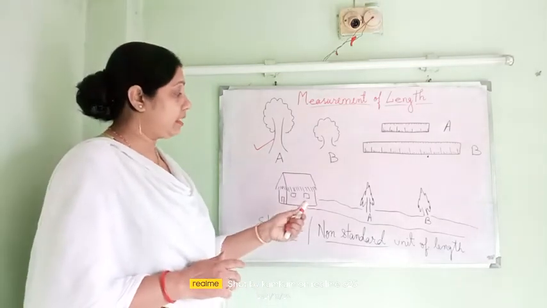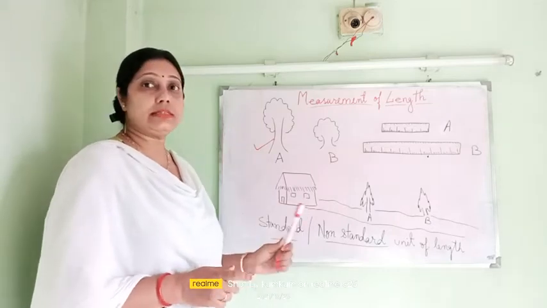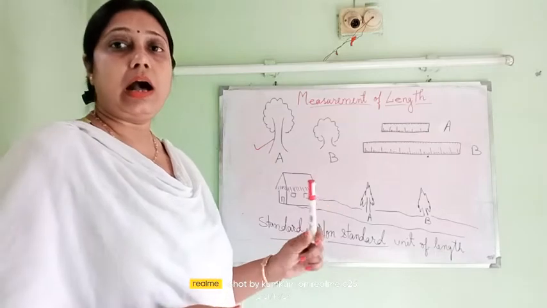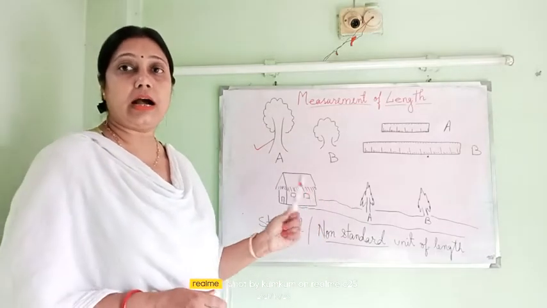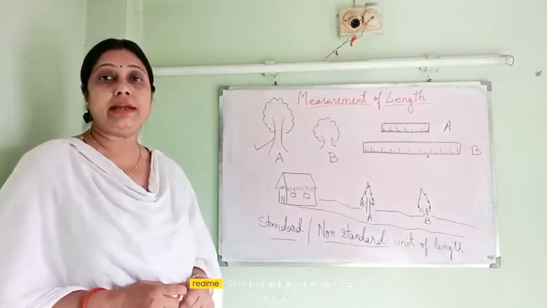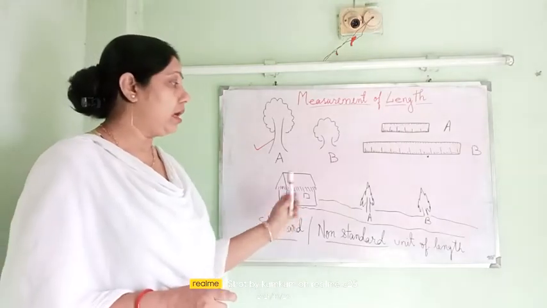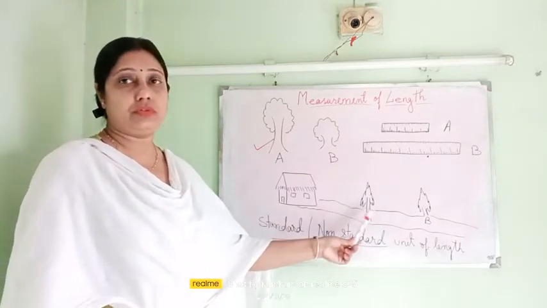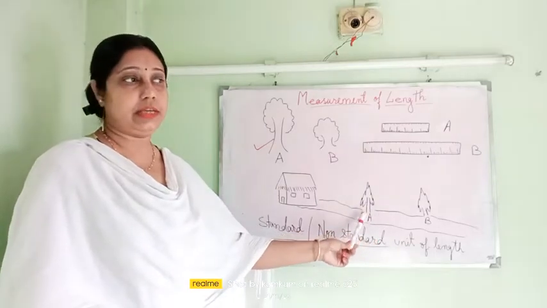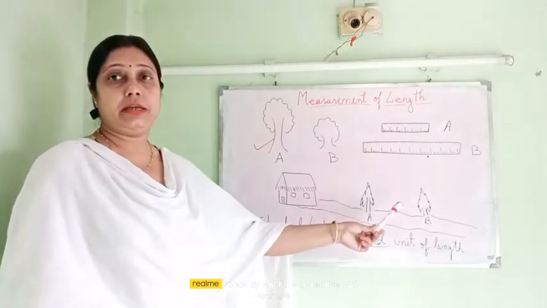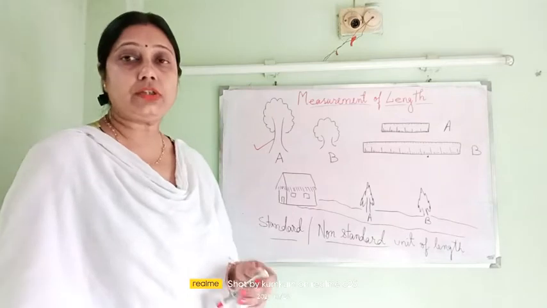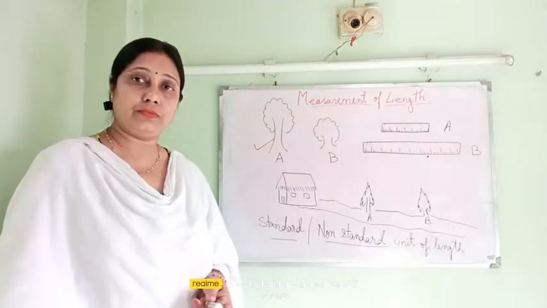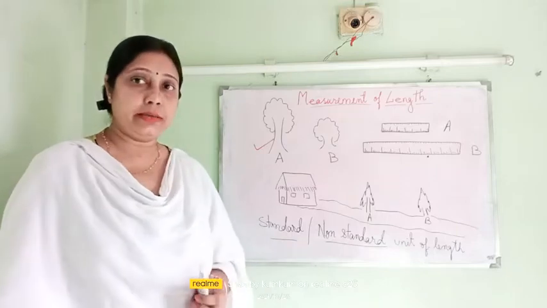In the next picture, we can see a house, and we will find out from the house how far the trees are. I have drawn two trees, tree A and tree B. So which tree is far away from the house? Can anyone say?